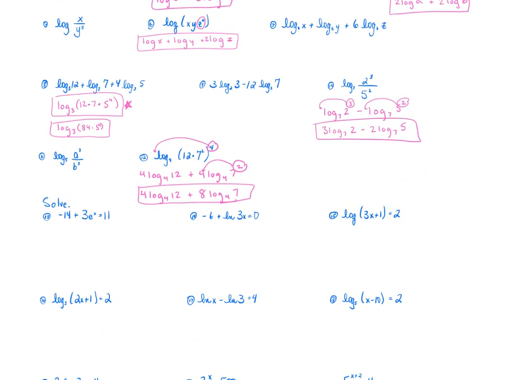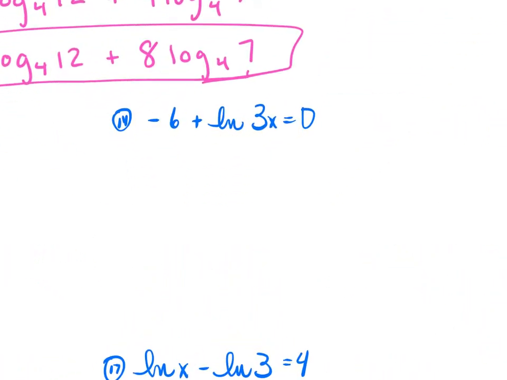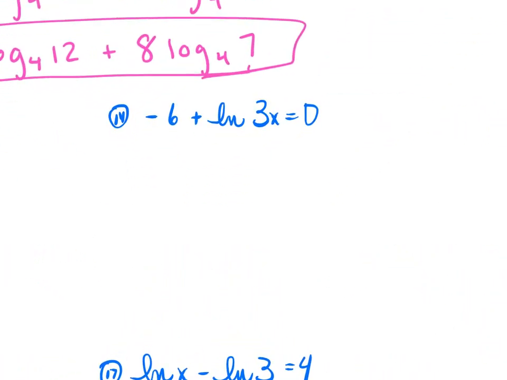All right, number 14. What would we do first to solve this here? Add 6 to both sides. So we have ln of 3x is equal to 6. Now what? You divide by 3. No, we can't. Oh wait, no. You have to put the e on the bottom.